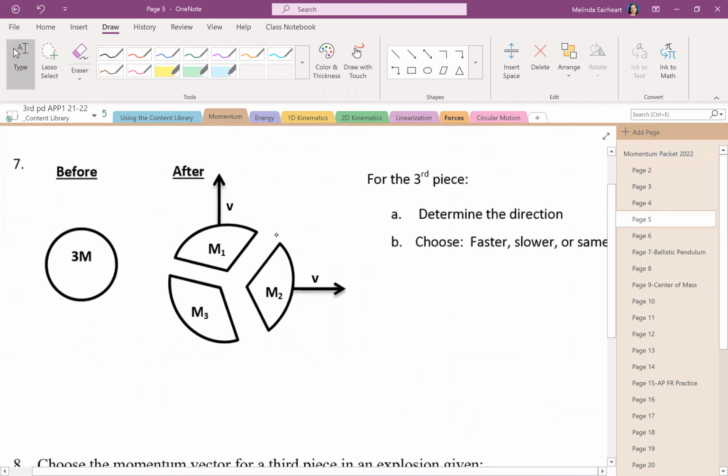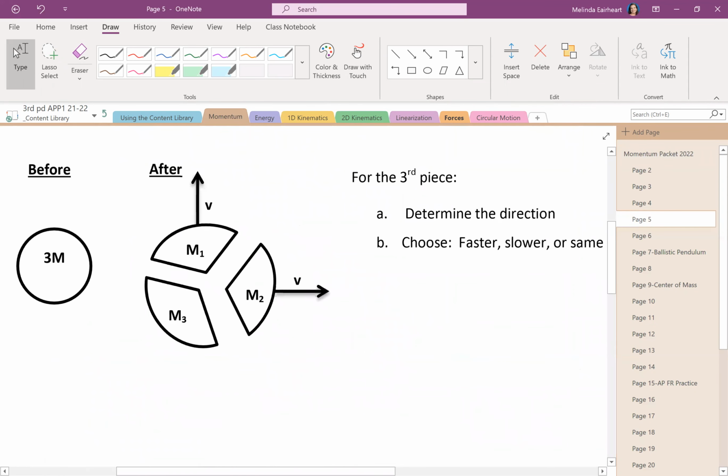And so that hitting the baseball would be a partial inelastic. On page 5, this top one, what kind of collision is this? And I know it's not a word problem, so let's evaluate the pictures. Before, I start out with a mass of 3m. There's no velocity vectors given, so we can assume the initial velocity is 0.